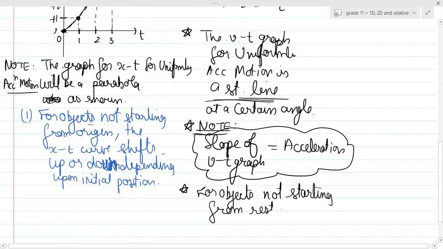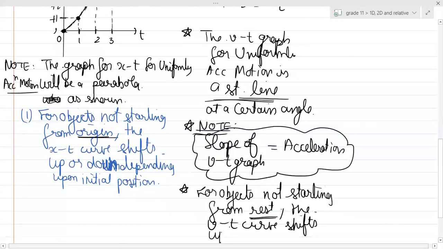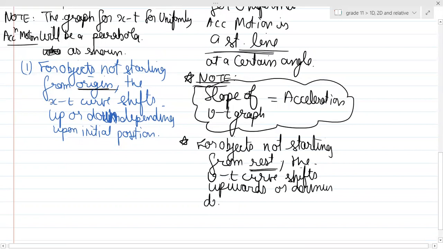Guys, can you see the difference? For objects not starting from rest, the position time and velocity time curve shifts upwards or downwards depending upon the initial velocity.